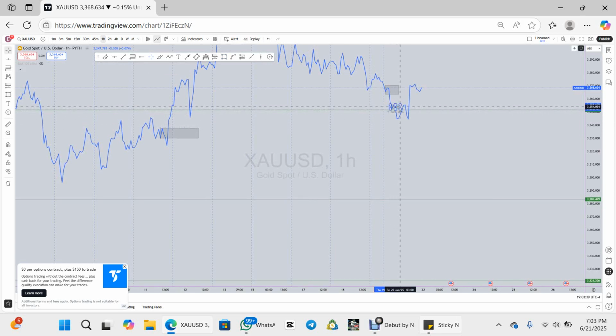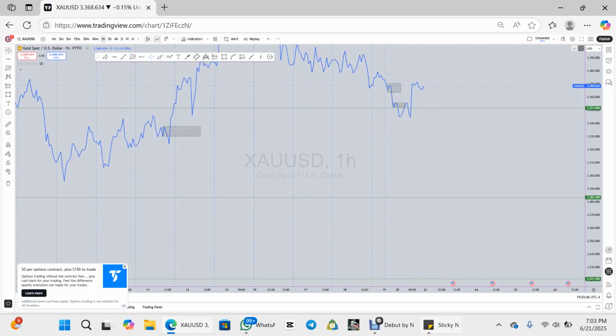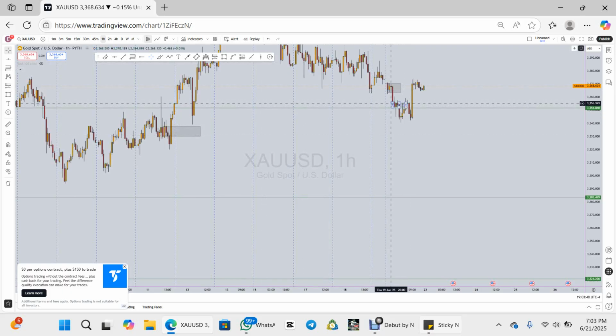I had to wait for the 1 hour to come back. If you look at the zone, it went all the way up here. I cut it for this week, so this is the zone. Price has come down and is now back into the zone. You can see it gave a long wick rejection here.